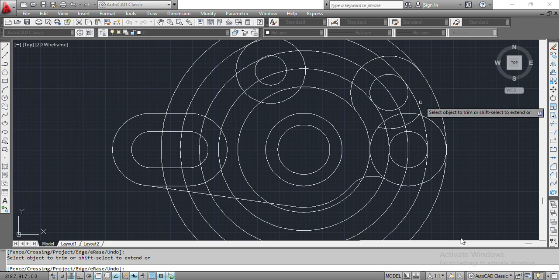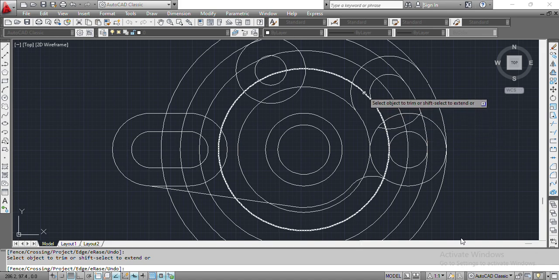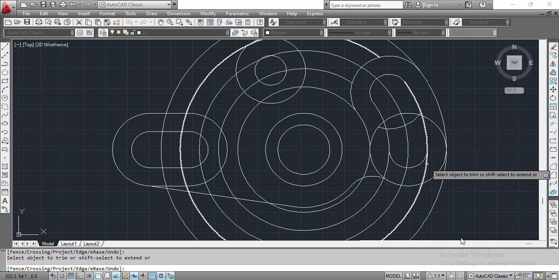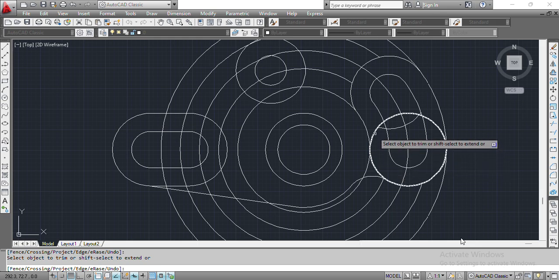Trim, yes, we trim, we trim, trim, trim, yes, that way, good.